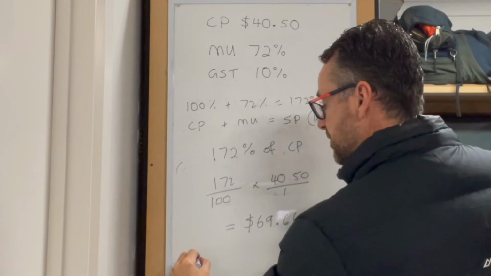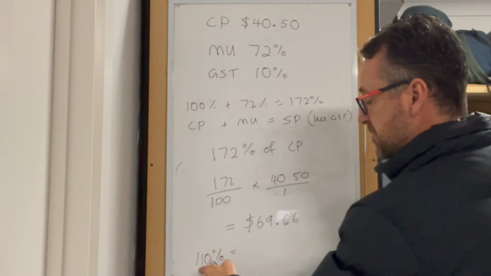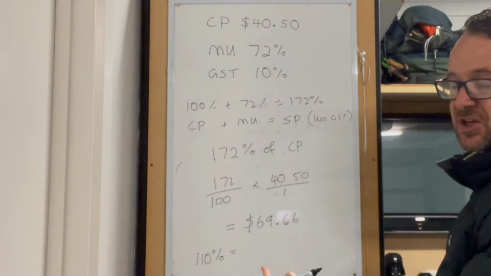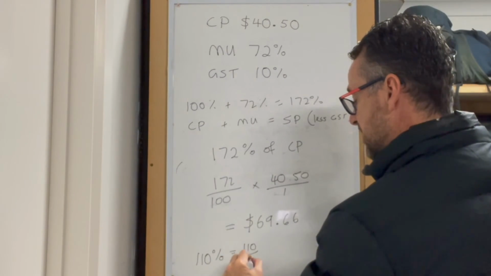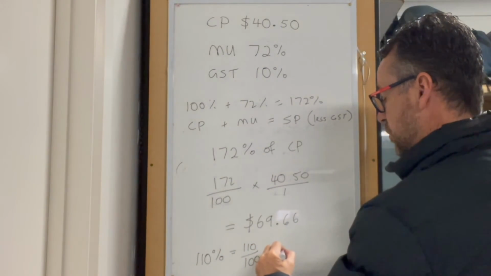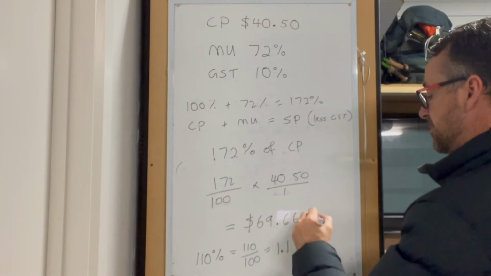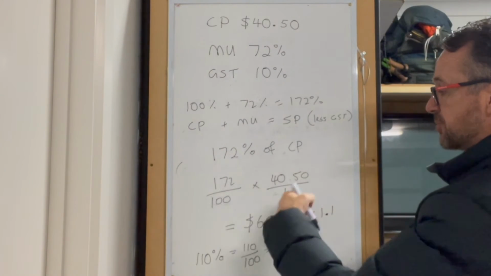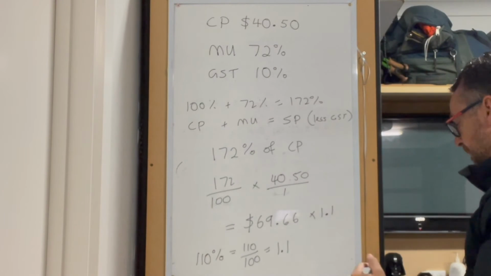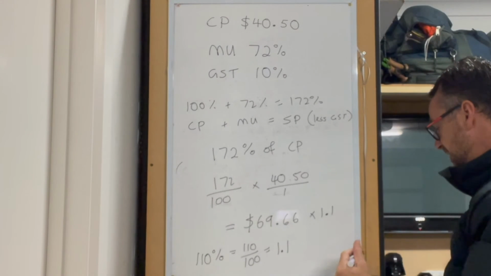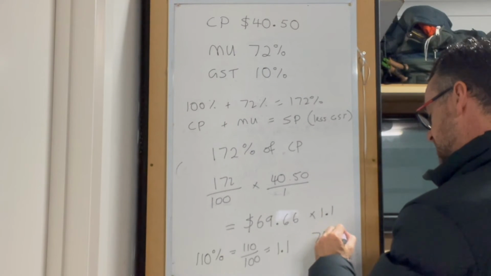So we can multiply that by 110%, which is obviously 100% is this amount, and plus the 10%, which is GST. Now that obviously can become 110 over 100, and that can become 1.1. So we can take that 1.1 and we can multiply that by this amount from the previous part of the question, $69.66 multiplied by 1.1, and that will end up giving us a value of 76.626.